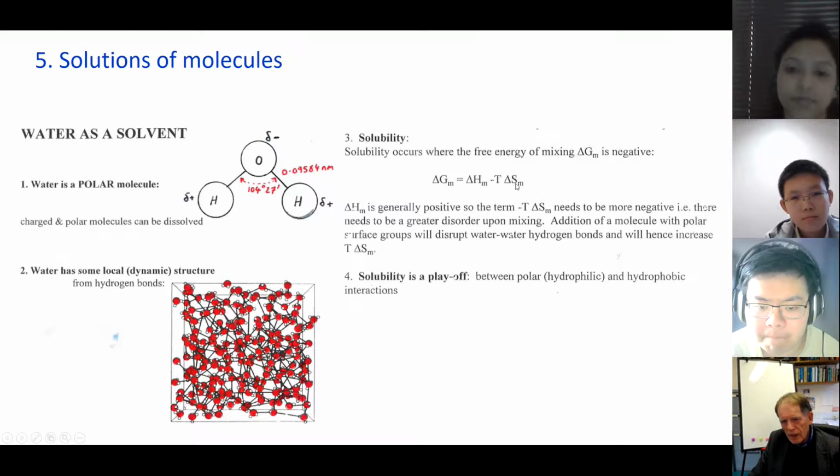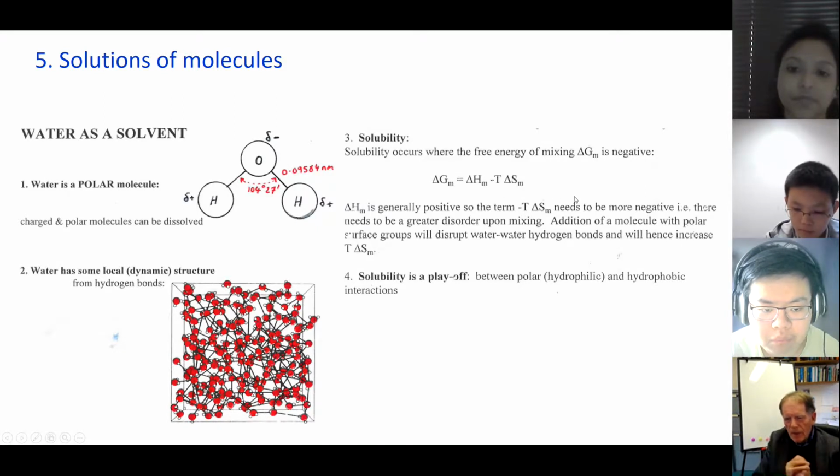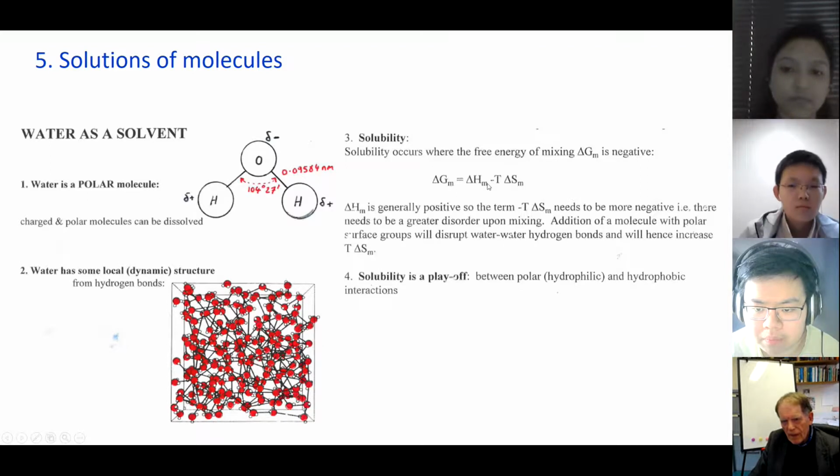That's what the entropy is. So if the system becomes more random, then there'll be an increase in the entropy. So delta S increases. And since this is a negative here, minus T delta S, that will be energetically favorable.